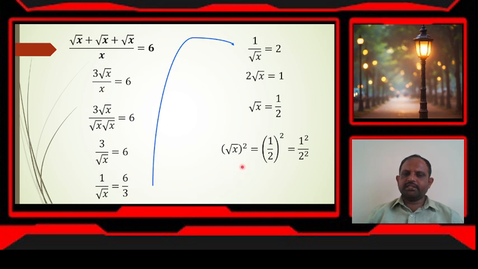In the left hand side we have only x. X is equal to 1 square is 1, divided by 2 square is 4, that is equal to 0.25. The x value is 0.25 or 1 divided by 4. So this is the answer for x.